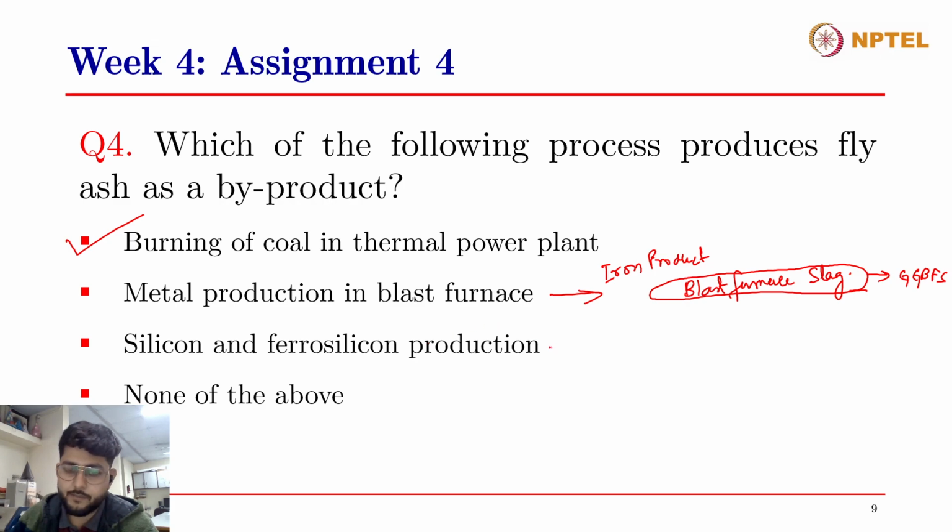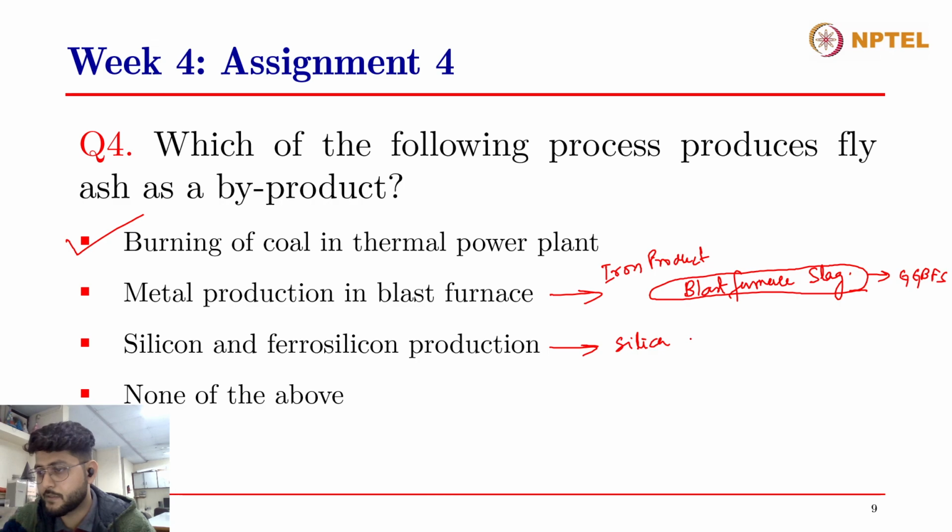Silicon and ferrosilicon production leads to silica fume production. So again, very high purity silica is used in these cases, and when it is fired at a very high temperature in the kiln or the furnace, gaseous fumes are released from the furnace, and they also contain very fine amorphous silica particles along with the gases.